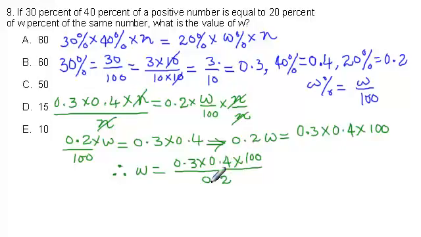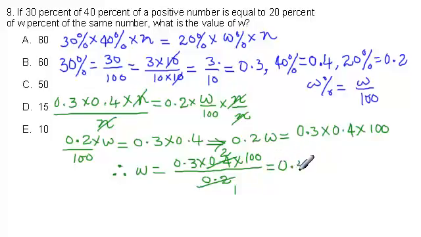And 0.4 divided by 0.2: 0.2 goes into 0.2 one time, and 0.2 goes into 0.4 two times.